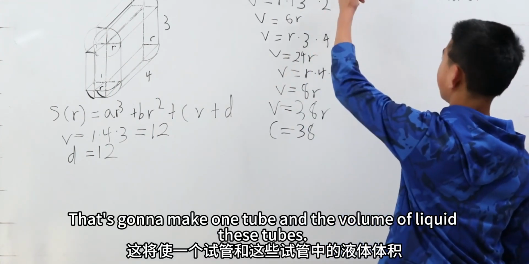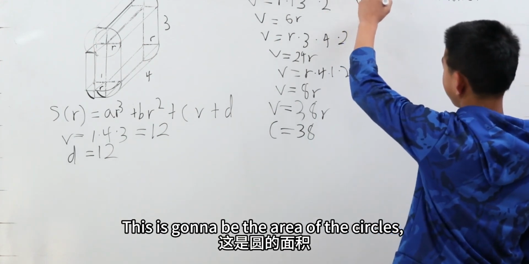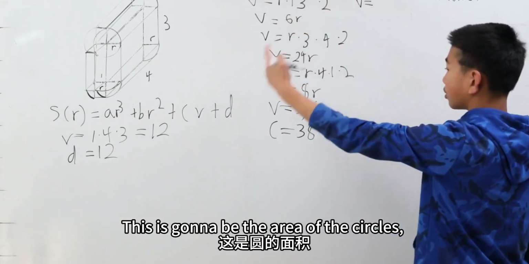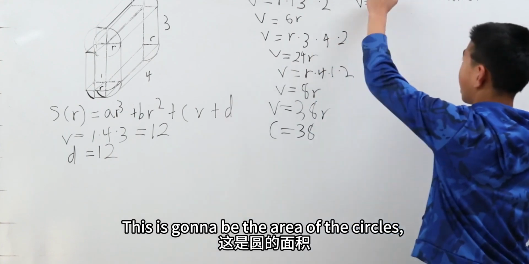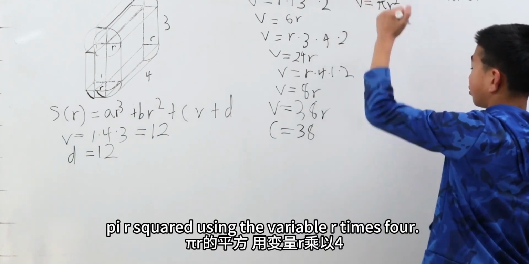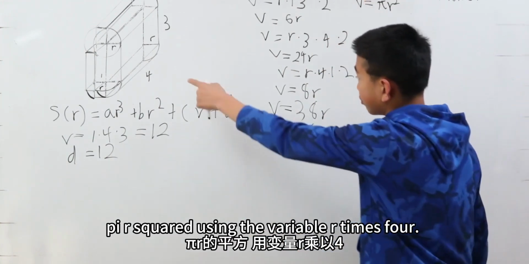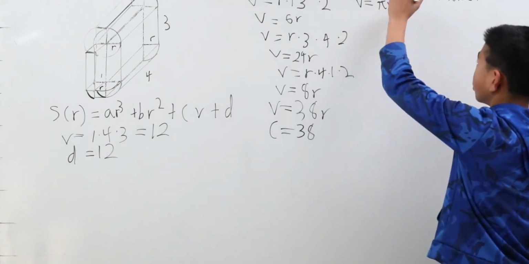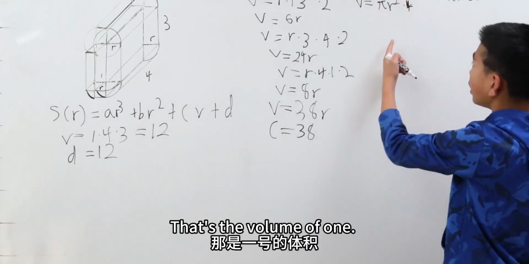The volume of these tubes is the area of the circle, pi r squared, using the variable r, times 4. So that's the volume of one.